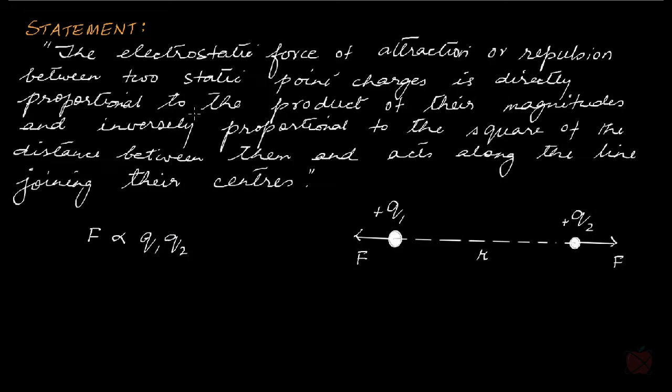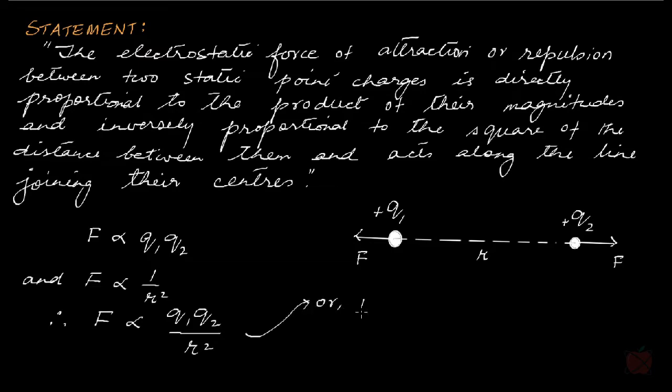That's the first part. The second part says it is inversely proportional to the square of the distance between them, so F is proportional to 1 by R square. If we combine these two, we get F proportional to Q1 Q2 by R square, or F is equal to K Q1 Q2 by R square.